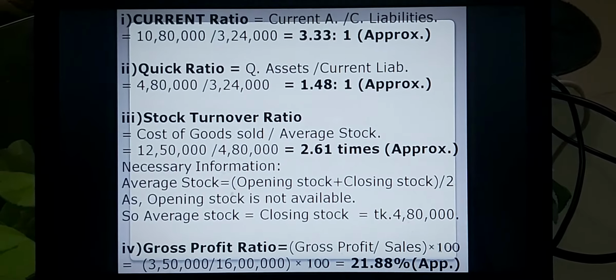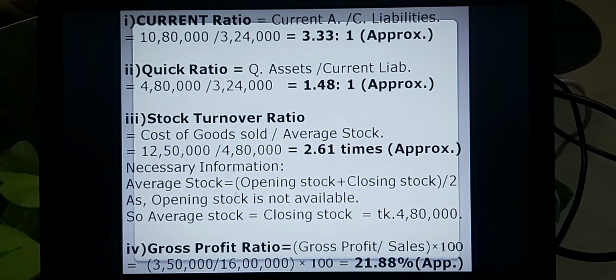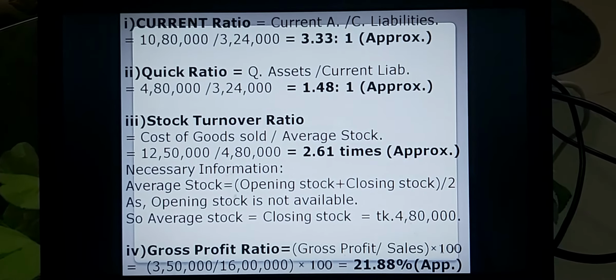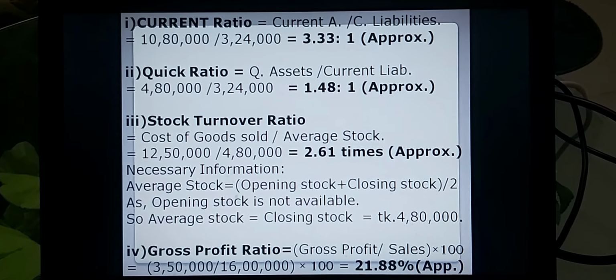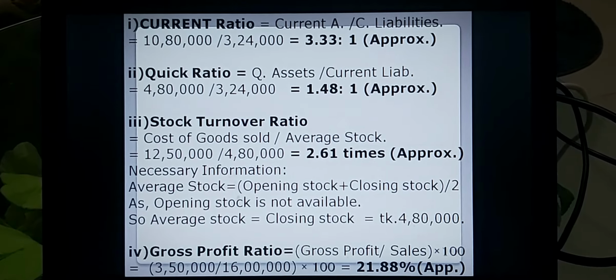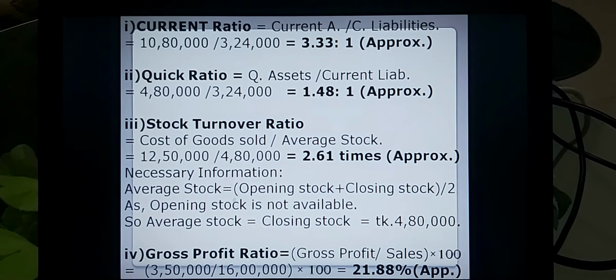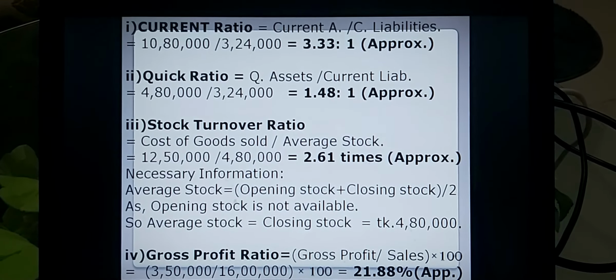So now you can calculate the quick ratio very easily. Quick assets taka 4,80,000 divided by current liabilities taka 3,24,000. So the quick ratio is 1.48:1. That is approximate value.